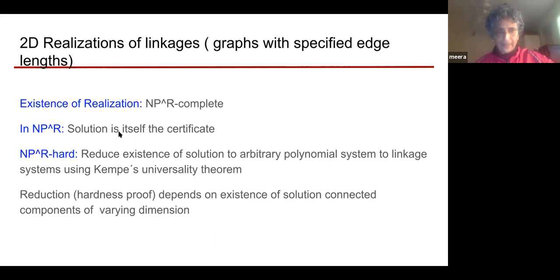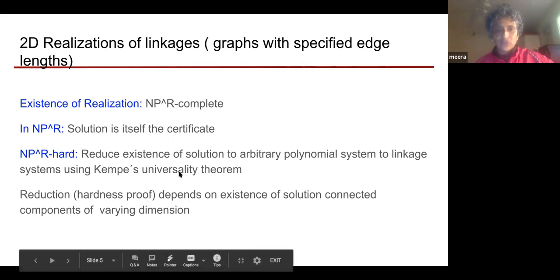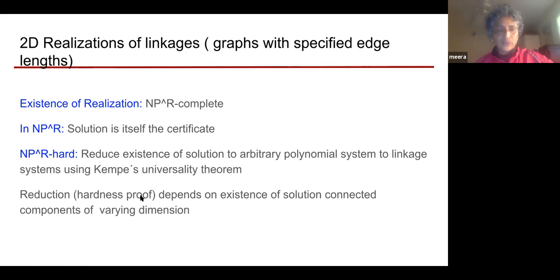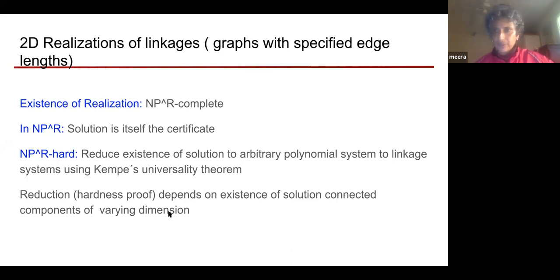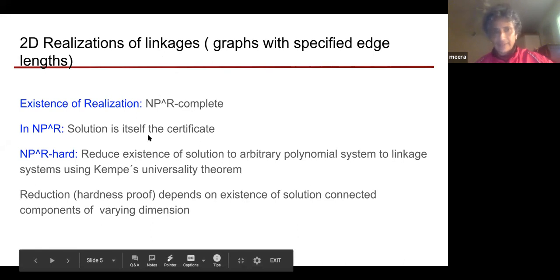It's in NP because the solution itself, which is a real number, would be the certificate that you can verify using computations on real numbers. And it's NP^R-hard; there's a proof that basically shows a reduction from Mnëv's universality theorem. The hardness proof, of course, depends on the solutions being of varying dimension. What we are going to be using is isostatic linkages, which means generically they have a 0-dimensional solution set.